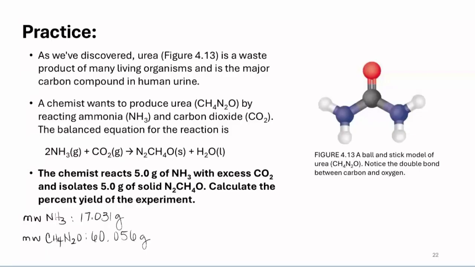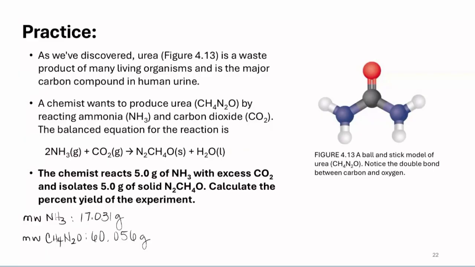Let's do a practice problem on how to calculate percent yield. The following problem reads, a chemist wants to produce urea by reacting ammonia and carbon dioxide. The balanced chemical reaction for this is given here.